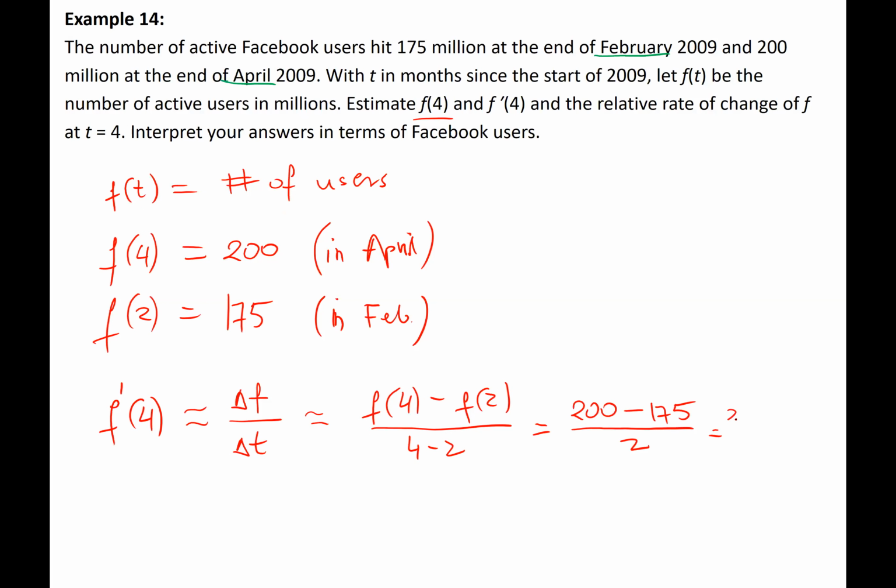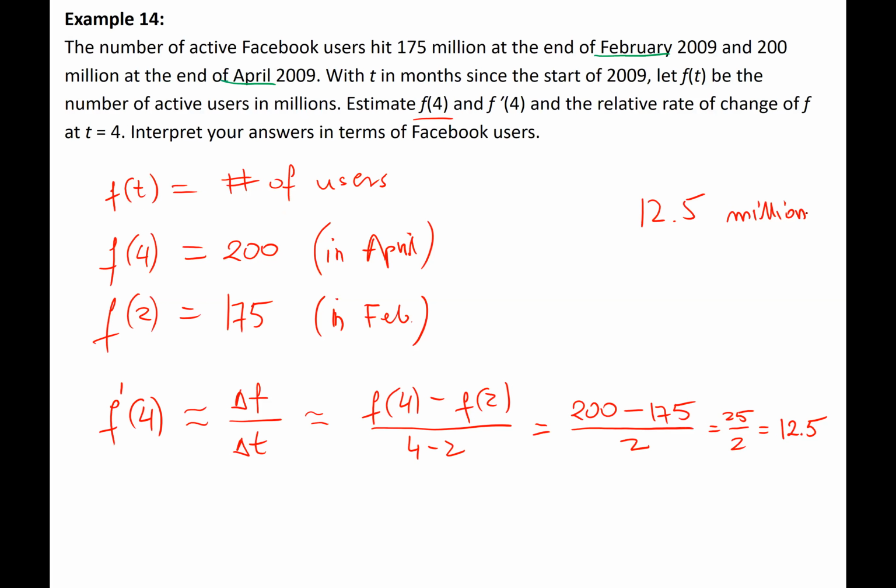That means the rate of change is 25 over 2, which is 12.5 million users per month.